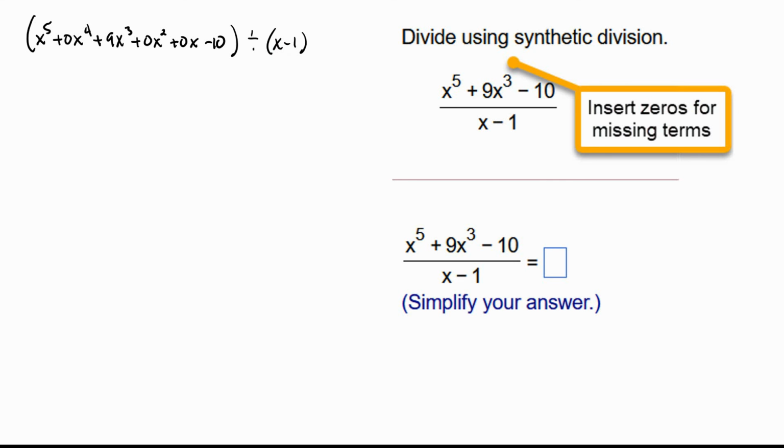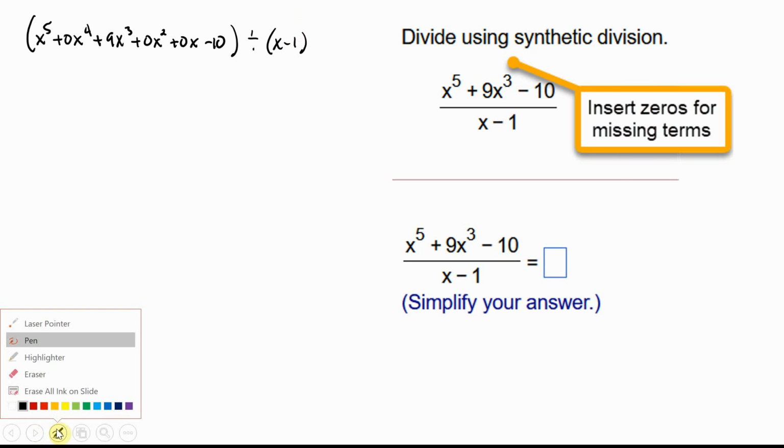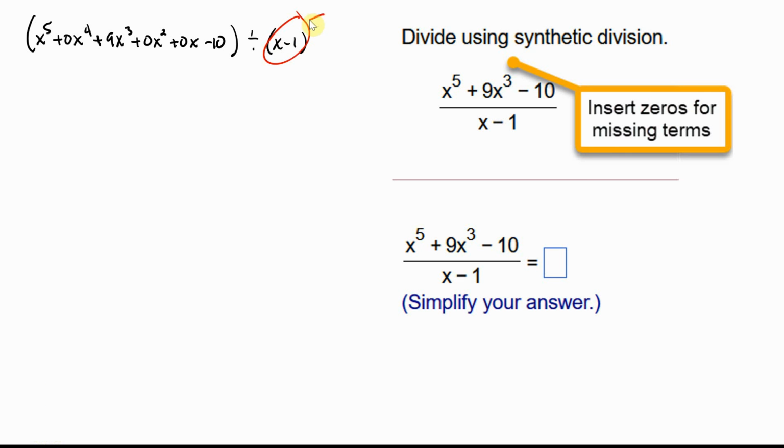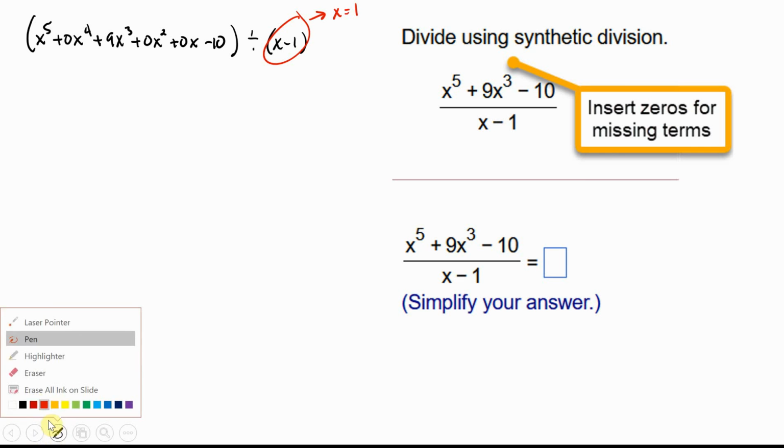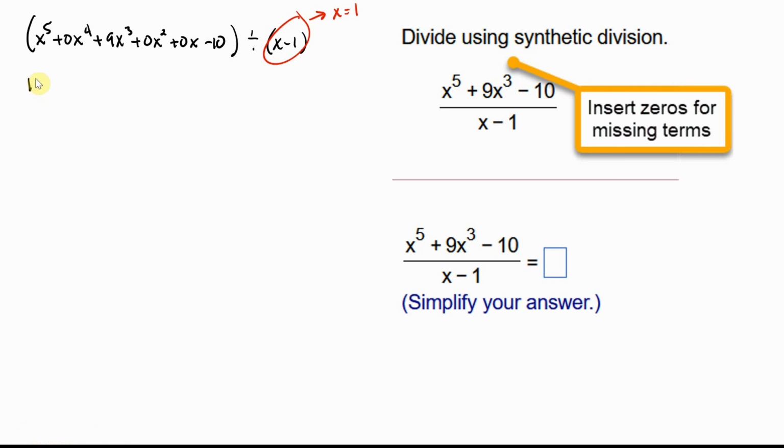That'll keep you running. So here we're going to have, from this guy, x equal to 1. So we have the 1 here. Now I'm going to list the coefficients from this polynomial. That's a 1, 0, 9, 0, 0, negative 10.